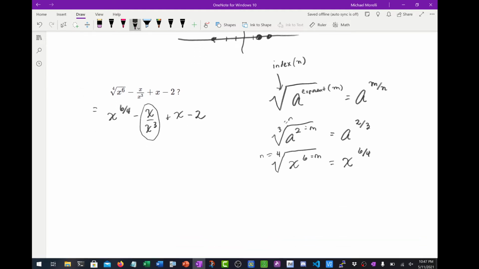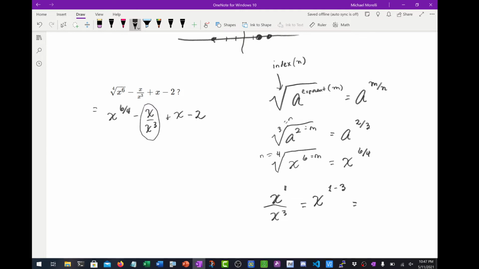We have a rule called the quotient rule. So if I have x to the 1st power over x to the 3rd power, the quotient rule, or the division rule for exponents, tells me I subtract the exponents like that.